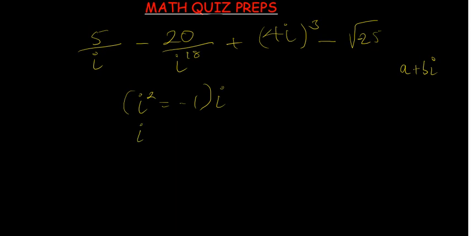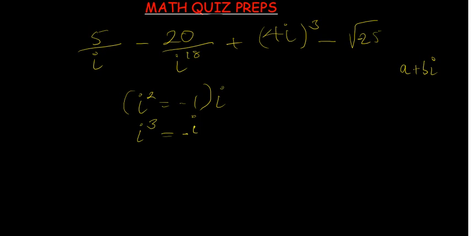I squared times I. Negative I. So we are going to get I cubed, and then negative 1 times I, then we get negative I. So I to the power 3 is the same as negative I. Is that okay? Do we get that?